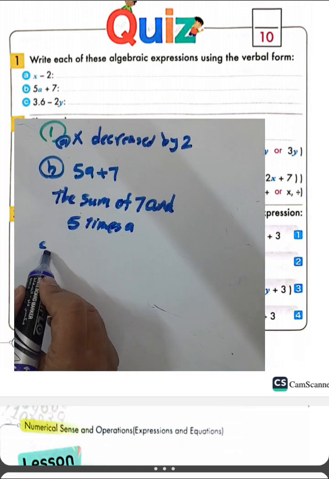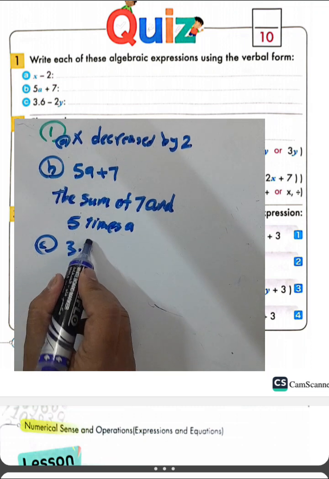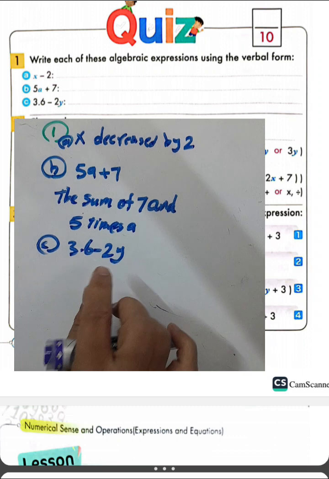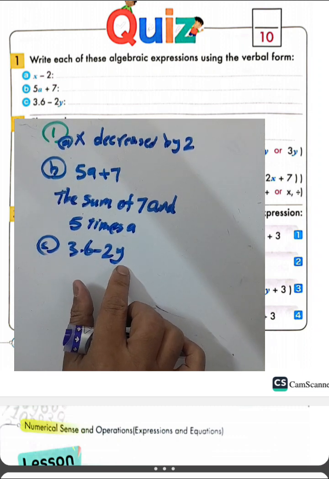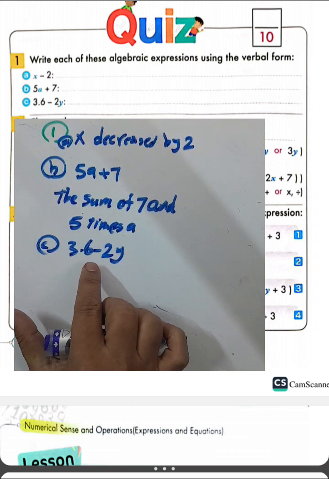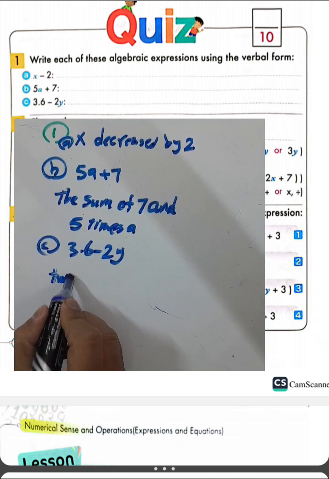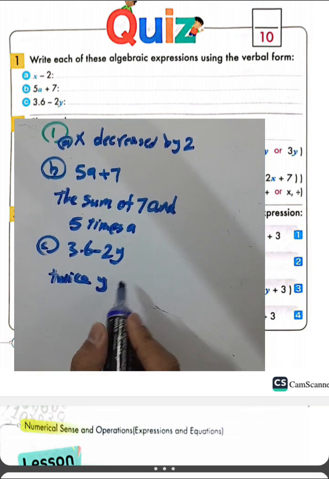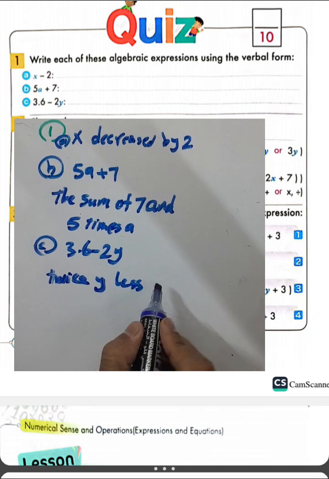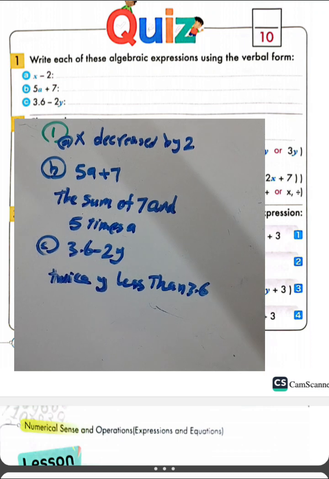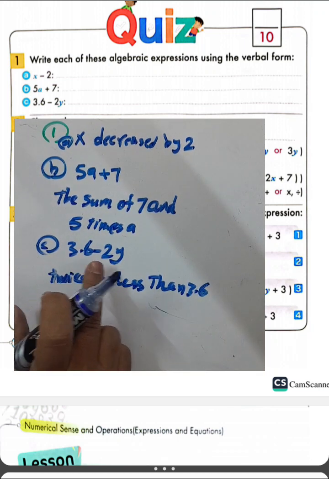Letter C, 3.6 subtract 2y. We can write double y or twice y subtracted from 3.6. Okay, we can write twice y less than 3.6, or 3.6 less by twice y.